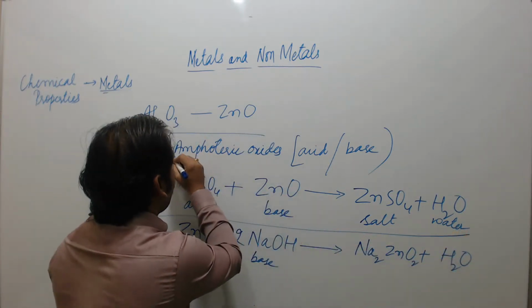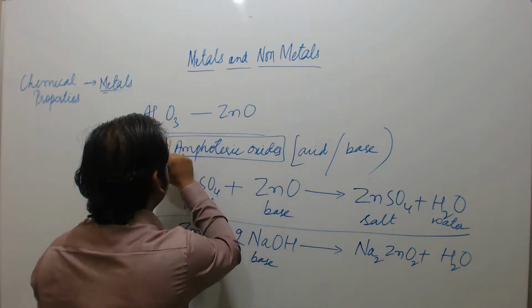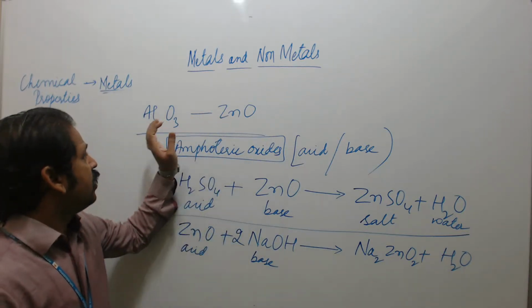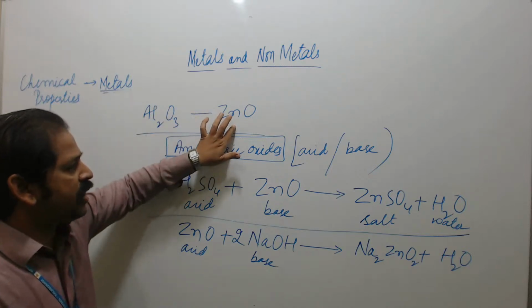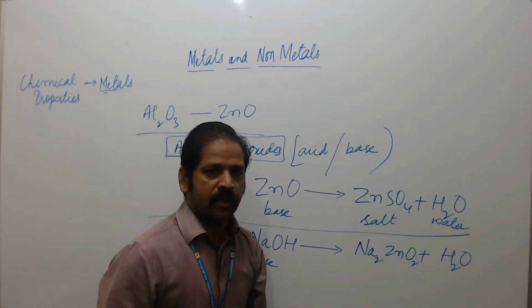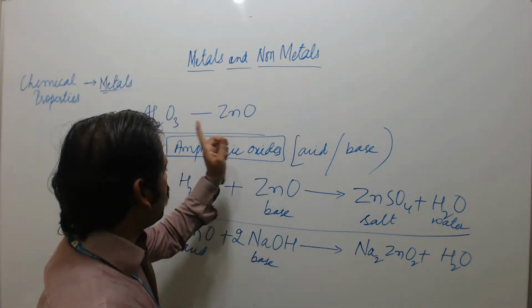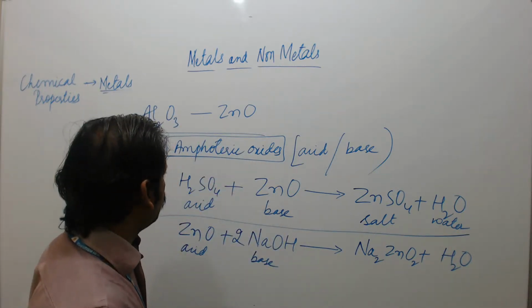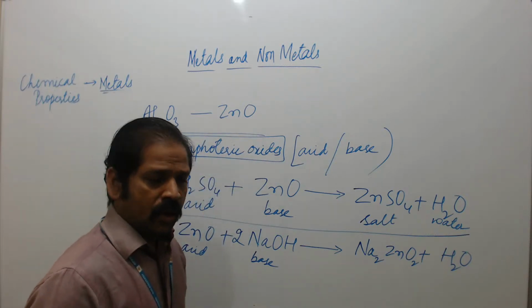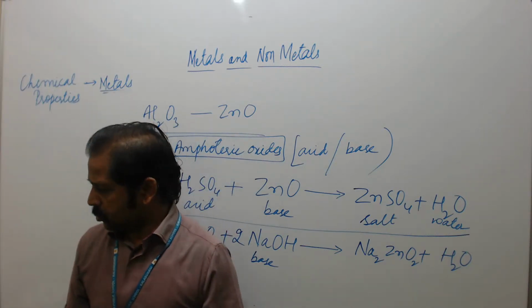This is called amphoteric oxides, where an oxide of a metal like aluminium oxide or zinc oxide behaves like acid as well as base. Okay, this is about the amphoteric oxides. We'll go for the next part.